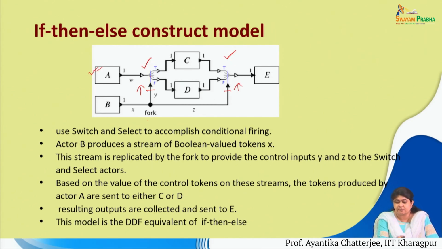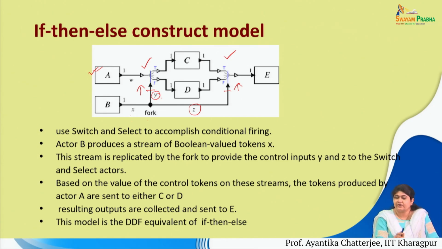So, this switch actor is taking the data from A and checking what type of input is coming through this Y. That means Y is coming basically from X, X is getting forked to Y and this Z part. So, whether it is a true value or a false value, based on that, the value coming from actor A is taking that path.